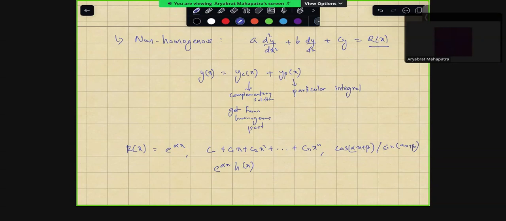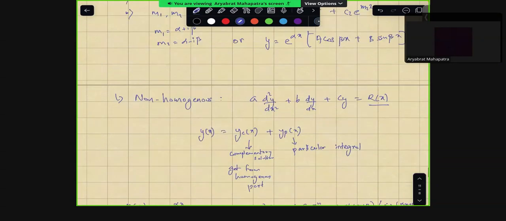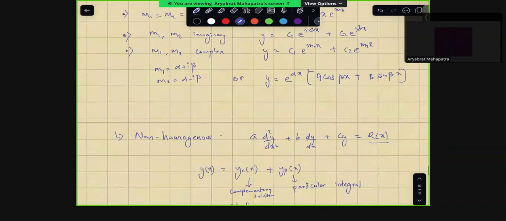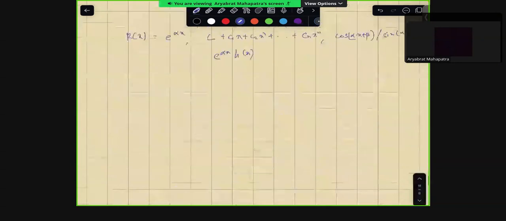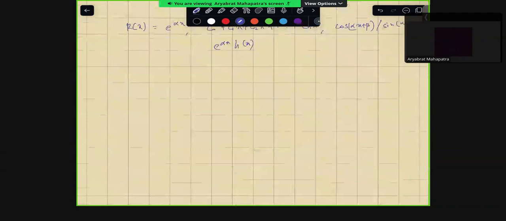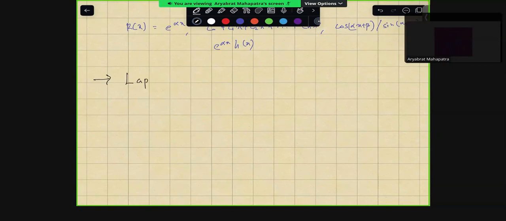And moving on, we also saw Fourier transforms. After Fourier transforms, which we already did, there was a new type of transformation that we saw, the Laplace transforms.